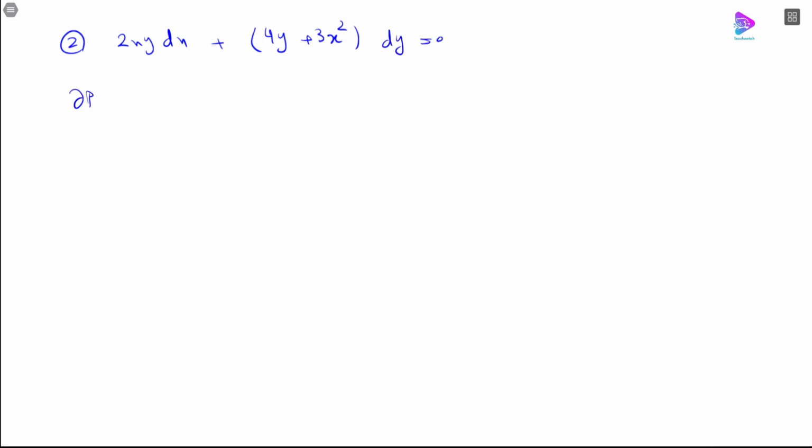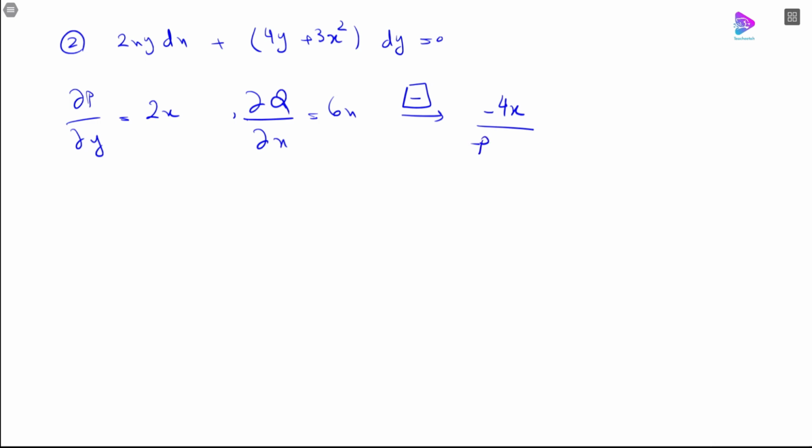So similarly, we can write down dP over dy is equal to 2x, and dQ over dx is equal to 6x. We subtract them, you can get minus 4x, and then we're going to divide by minus P, which is minus 2xy, and we will end up with 2 over y.